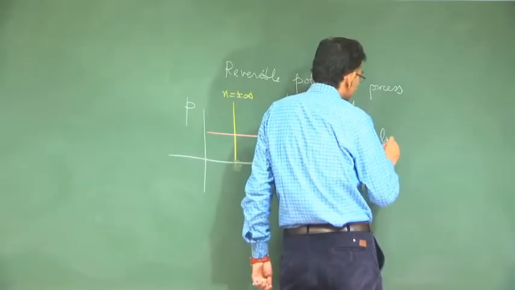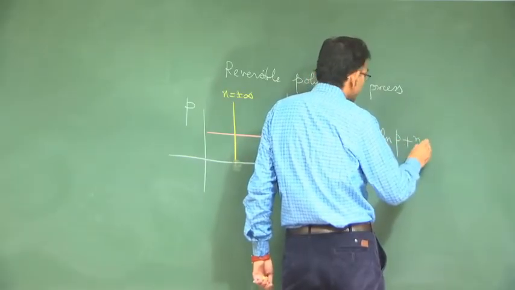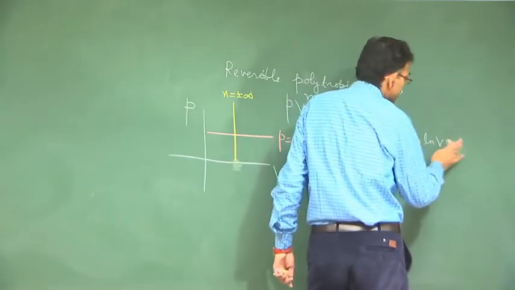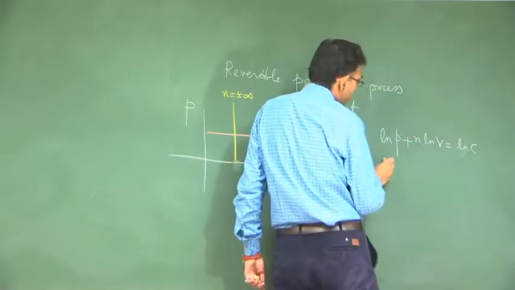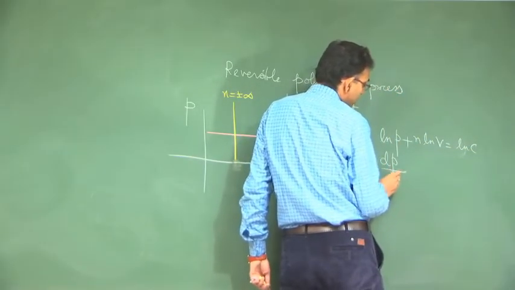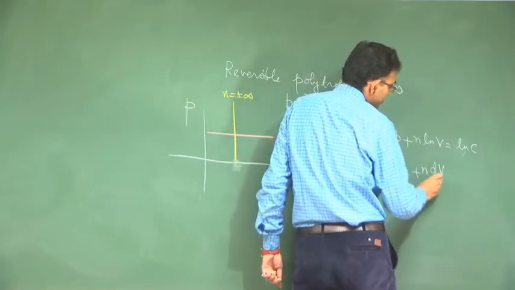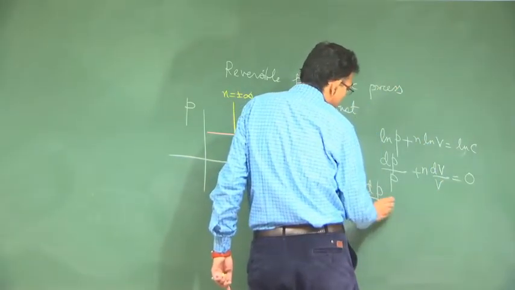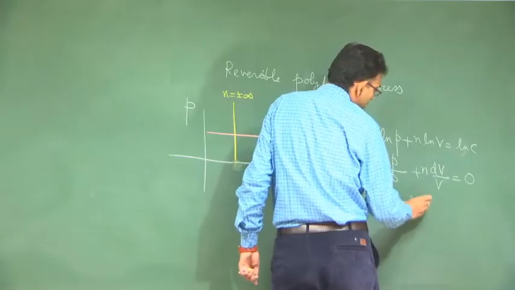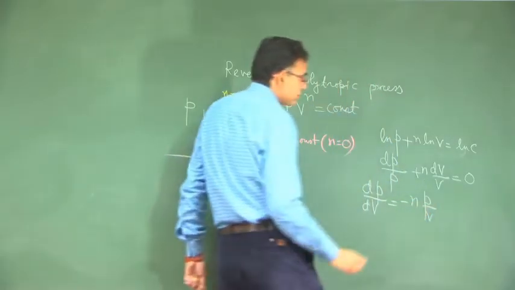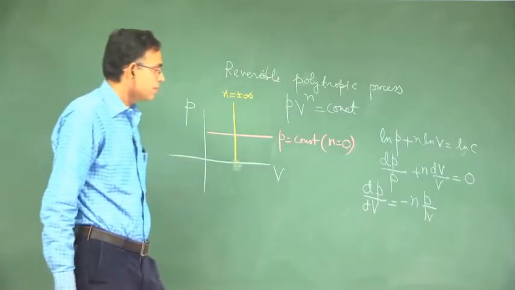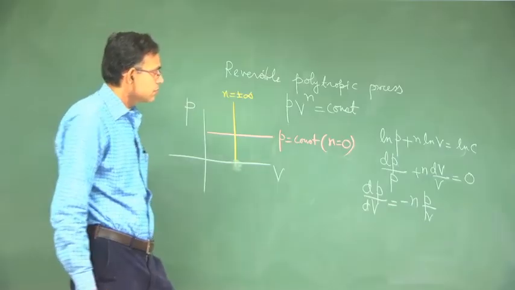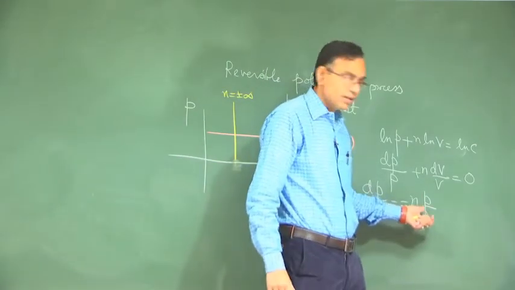Just take the log of both sides: ln P plus n ln V is equal to ln C. Now if you differentiate both sides, you have dP/dV is equal to minus n P by V. Pressure and volume are both positive.